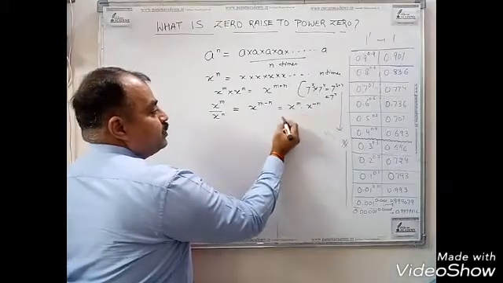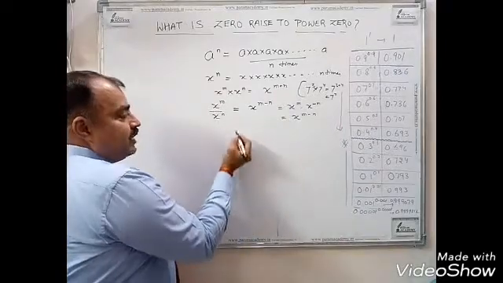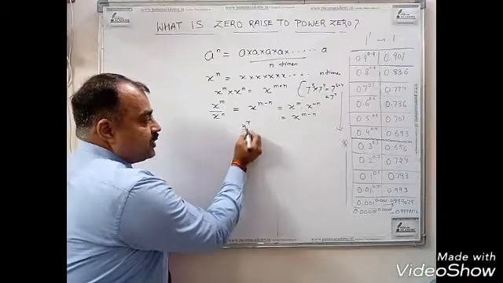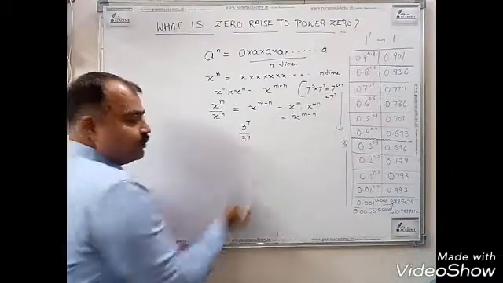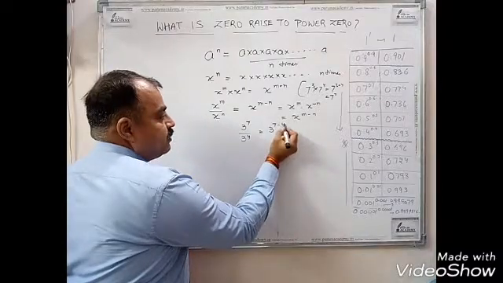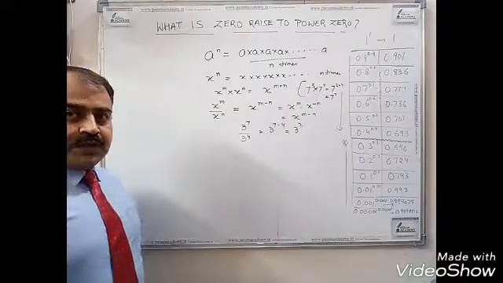Now when you add these two, this is x raised to power m minus n. Again an example: 3 raised to power 7 divided by 3 raised to power 4. This is 3 raised to power 7 minus 4, which is equal to 3 raised to power 3, or 27. So this is our result.